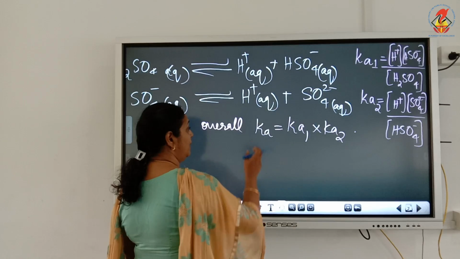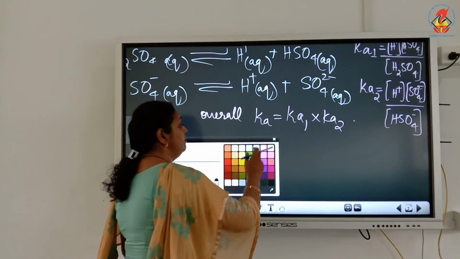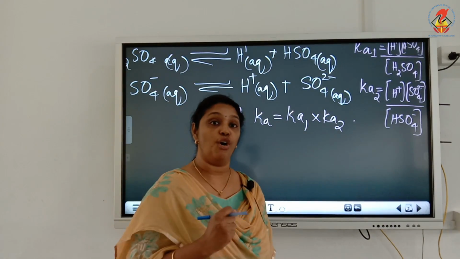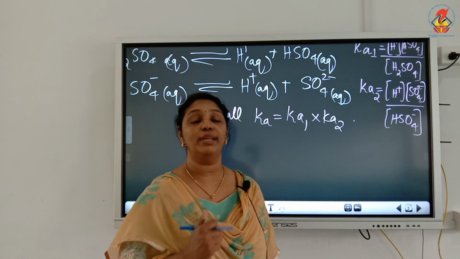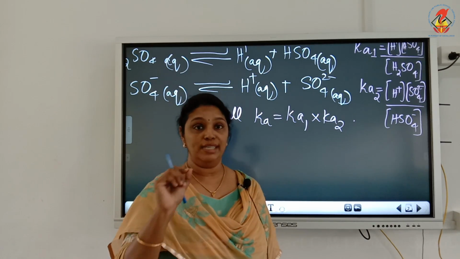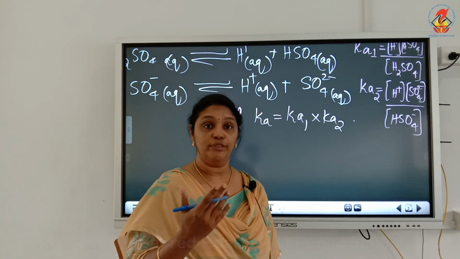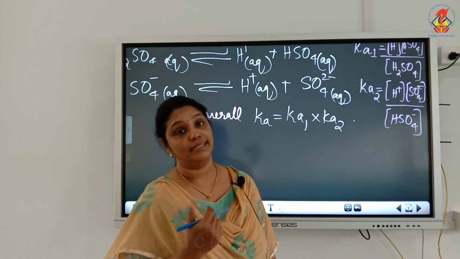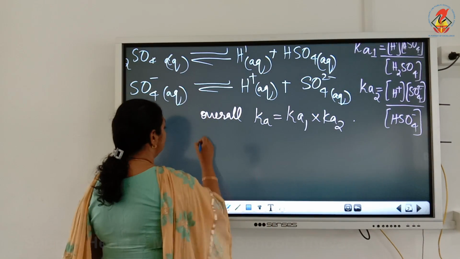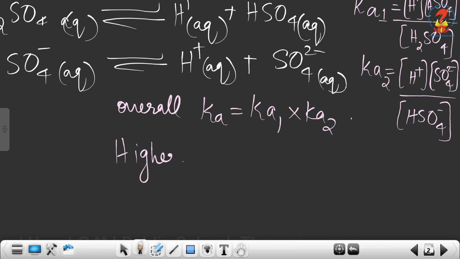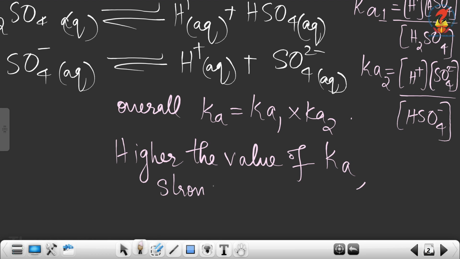So, we can predict from the Ka value whether the acid is strong or weak. Now, how can we predict? The rule is like this: higher the value of Ka, stronger is the acid.